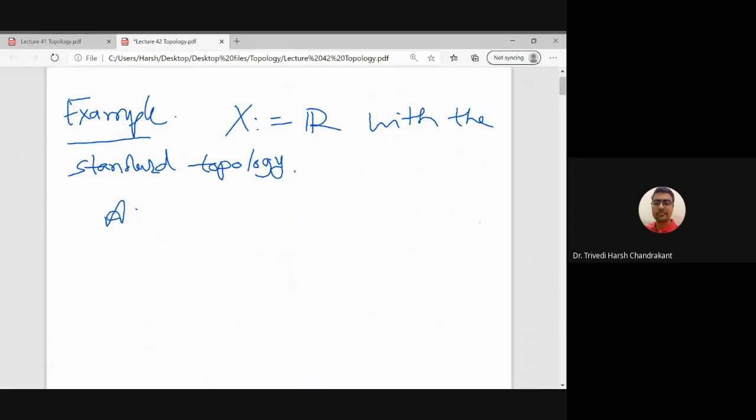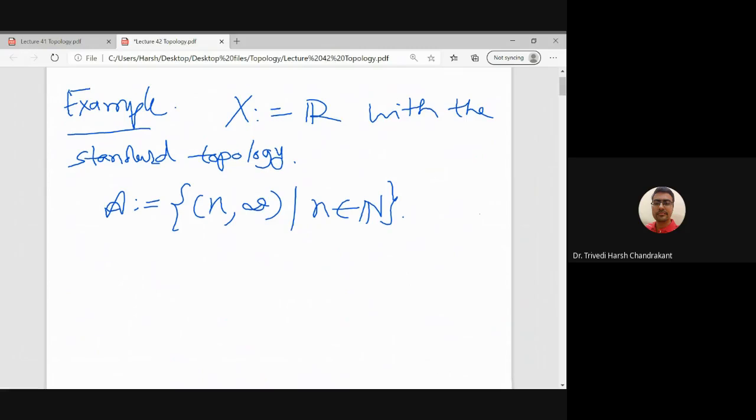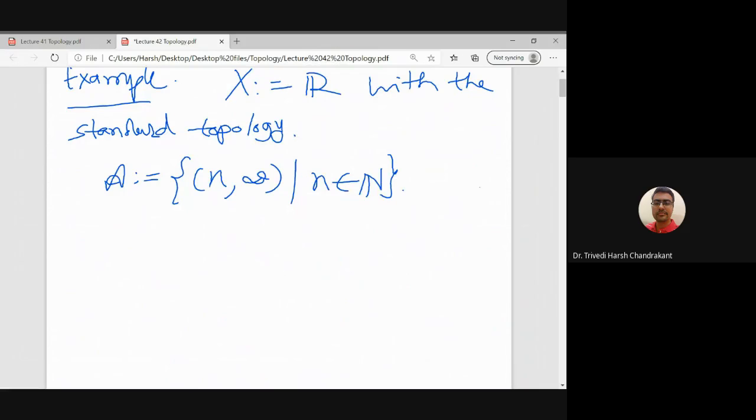I am taking specific open subsets of R, which are (n, infinity), where n is a natural number. For example, if I take n equal to 1, it is the infinite interval (1, infinity). If I take n equal to 2, it is the interval (2, infinity), and so on. So we can easily see that this is a collection of open subsets. So the elements of A are open sets, and A covers X, that is R.